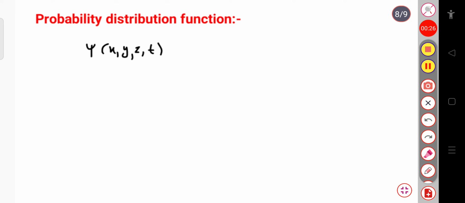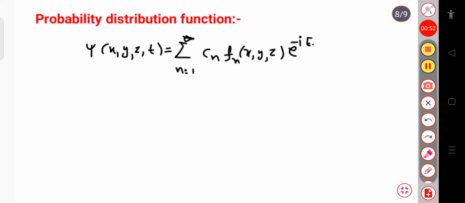This wave function, from the previous class we have already discussed, can also be written as the sum over n equal to 1 to infinity of Cn, the coefficient, times the eigenfunction Fn of x, y, z, and the exponential of minus iota En t divided by h cut, where En is called the eigenvalue.